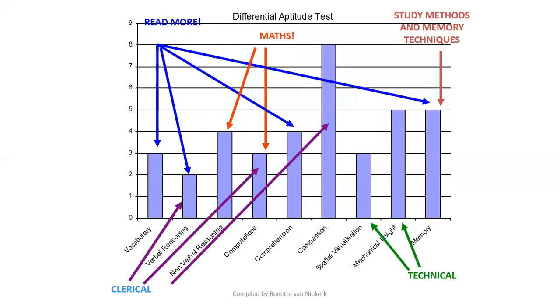Okay girls, so this is how I look at your aptitude results. In the first place, I have a look at your non-verbal reasoning and your computations, because the result of those 2 sub-tests together give me an indication of your maths ability. And once again, it's the result of a test that you wrote on a specific day, and many things could have had an influence on that.